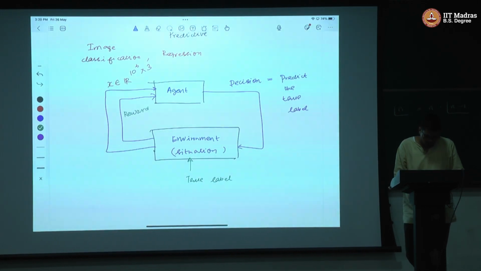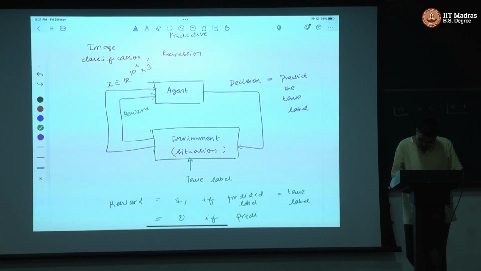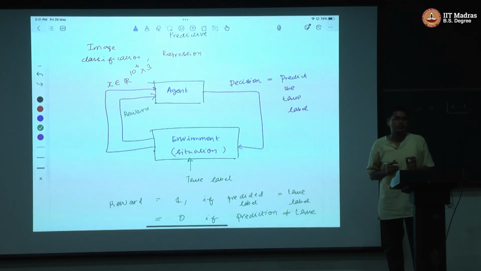So the reward is 1 if the predicted label equals the true label, and 0 if the prediction is not equal to the true label.